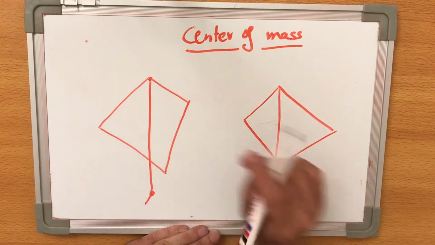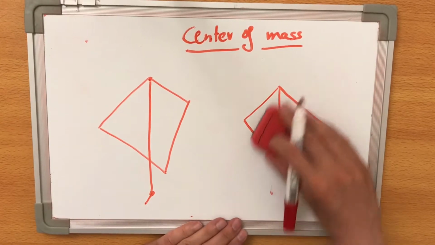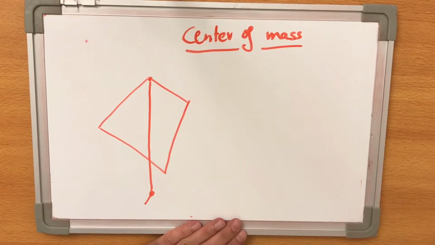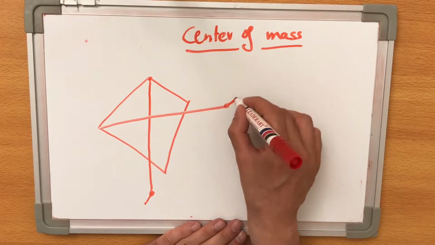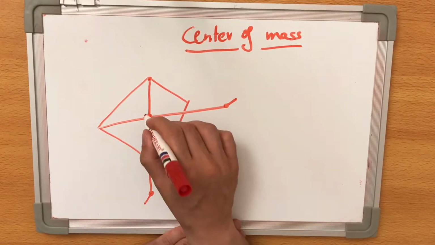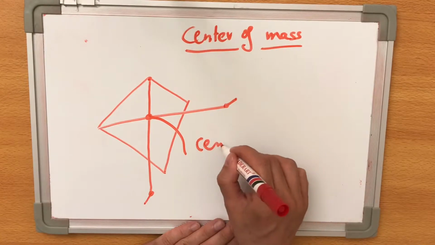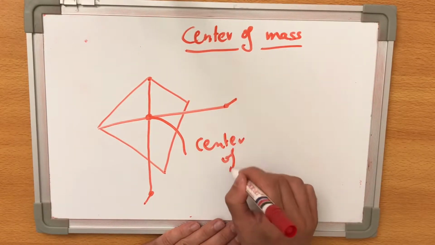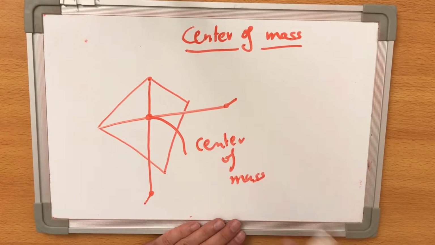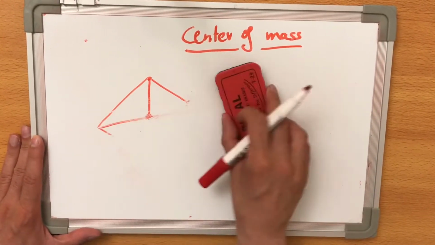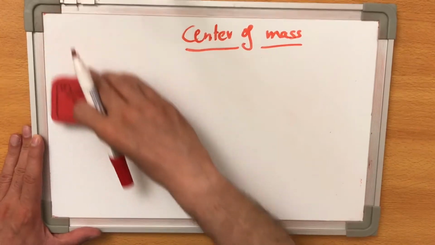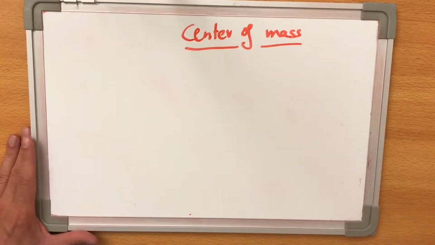So the intersection between the two lines would be the center of mass. This is the idea, how to get the center of mass of an irregular shape.